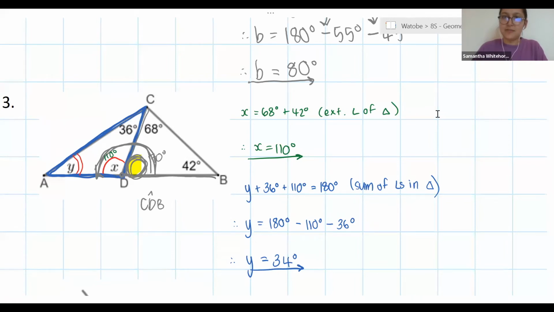Okay, Liema. What's your question? What I wanted to say is that I calculated a bit of a different way. I said that y plus 36 plus 110 is equal to 180.